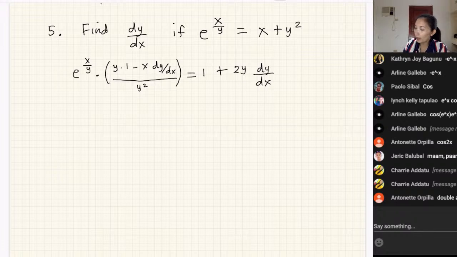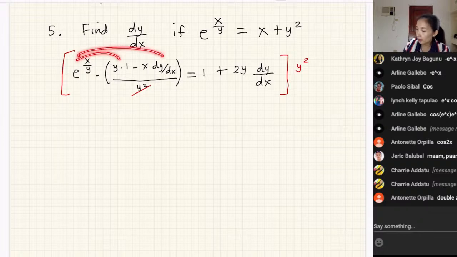We can get rid of y squared by multiplying both sides by y squared. Let's multiply both sides of the equation by y squared because I want to eliminate this already. This will now be eliminated. Multiplying this also with this, what do we get? Multiply e raised to, let me highlight, this multiplied to y and this multiplied to this.